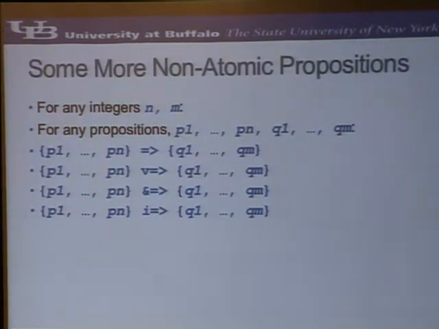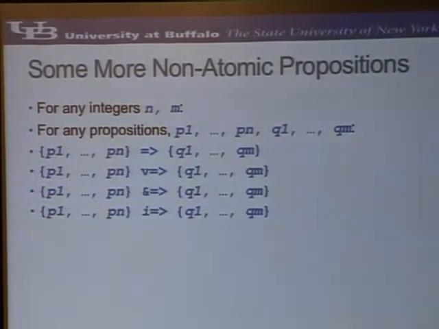Some more non-atomic formulas. These are the ones that I showed you, all symmetric about all its arguments. These take two groups. So these first two are just syntactic variations: if any of the P's are true or believed, then so is all of the consequence, or if the agent believes any of the antecedents, then the agent is justified in believing any or all of the consequence.